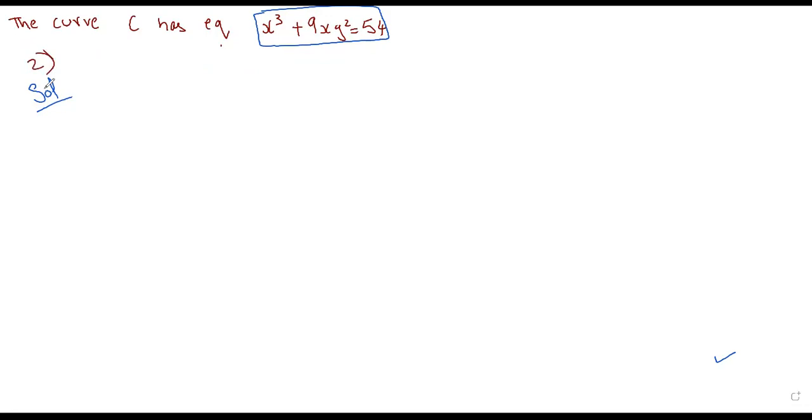The second part says, hence, find the equation of the normal to C at (3, 1). This is the second part.